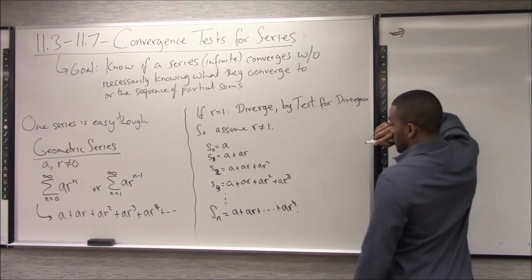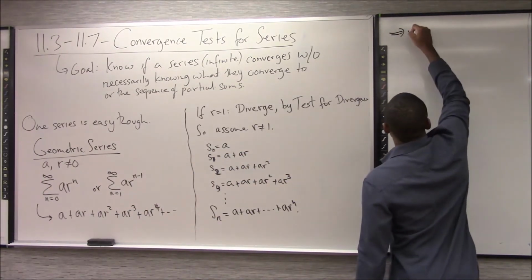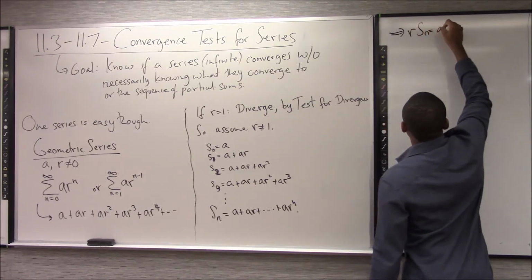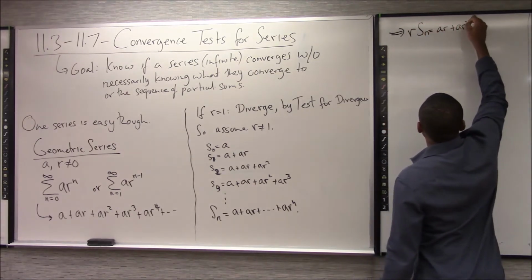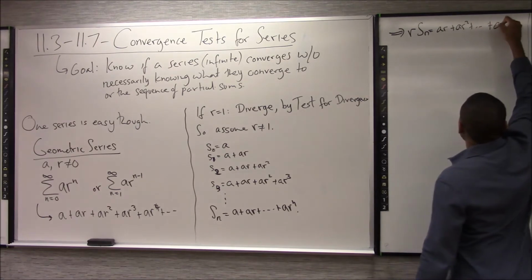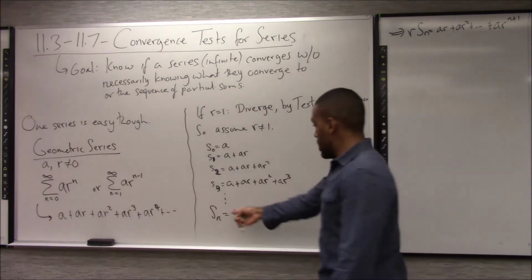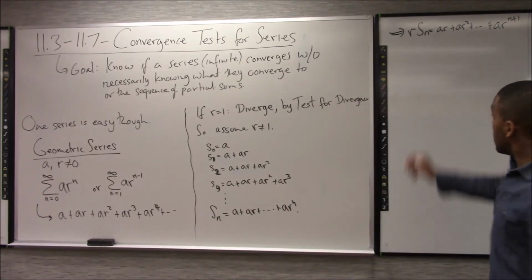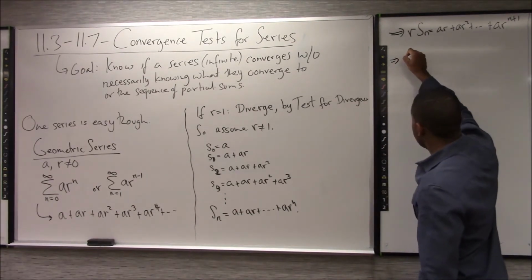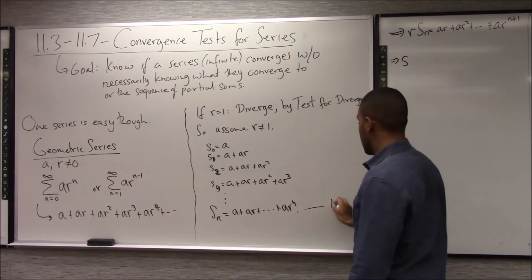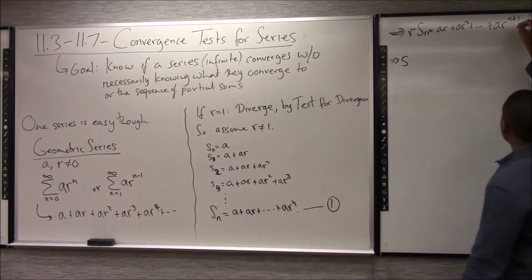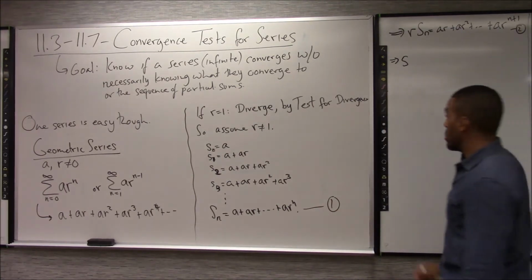This means, notice that if I take r times your Sn, you would get ar plus ar squared plus and so on up to ar to the n plus 1. Right? So I'm just going to take this and multiply both sides by r. And now what if I take the first equation and subtract the second equation?